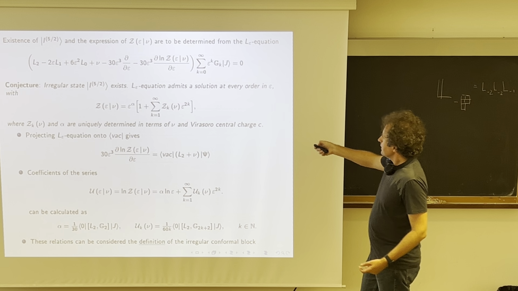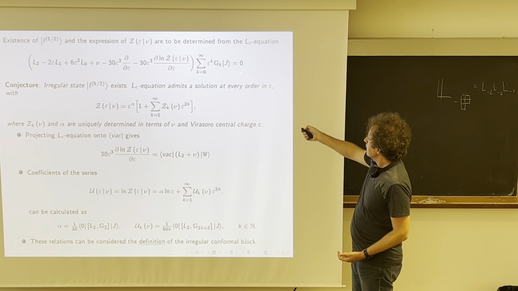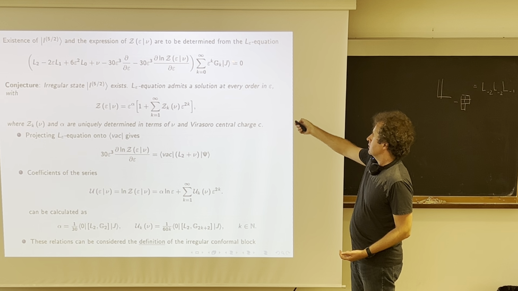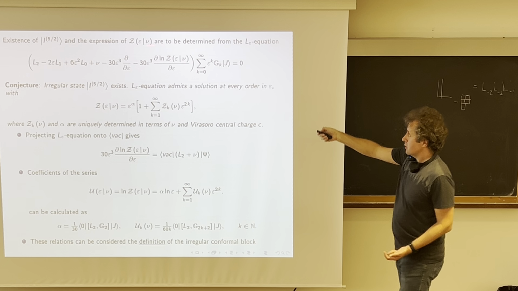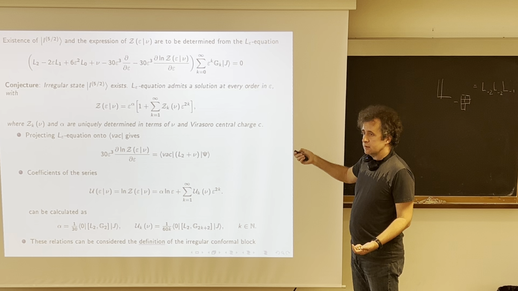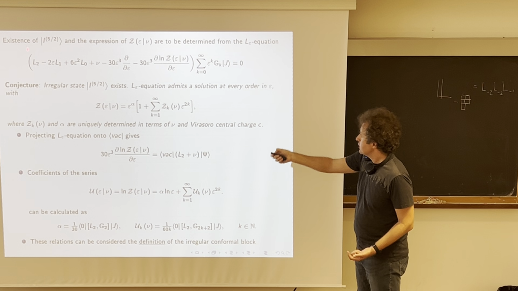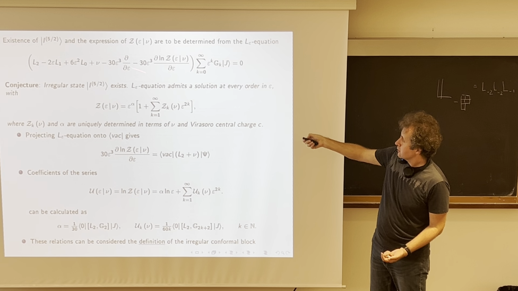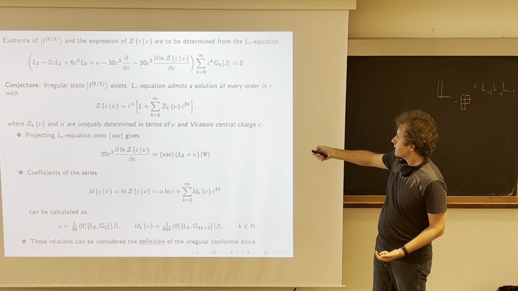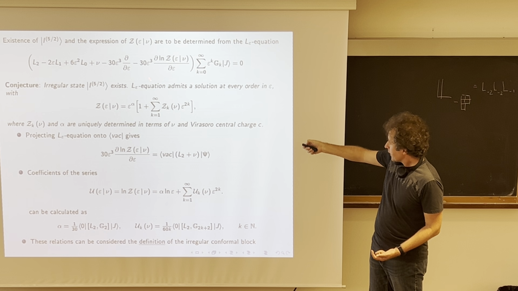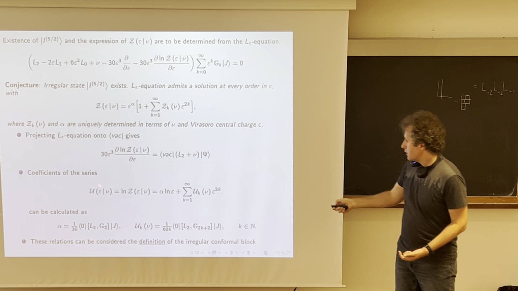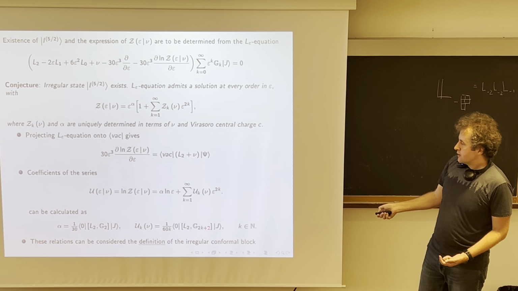Okay, and so then, while we cannot prove yet the existence of a solution of this equation, the uniqueness is very easy. So here I just write the corresponding action of L by differential operators, and if we project this equation on the vacuum, then we obtain the conformal block in this algebraic form.